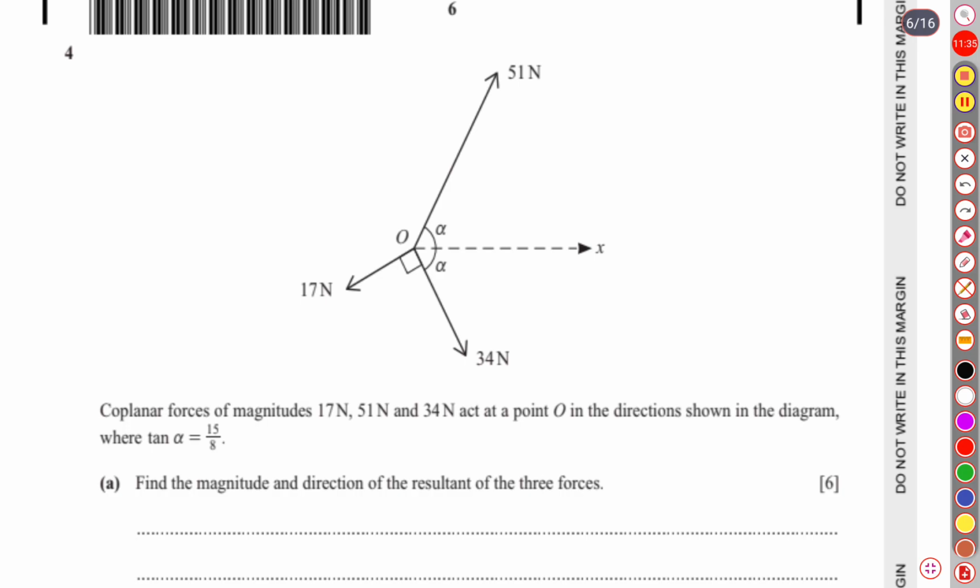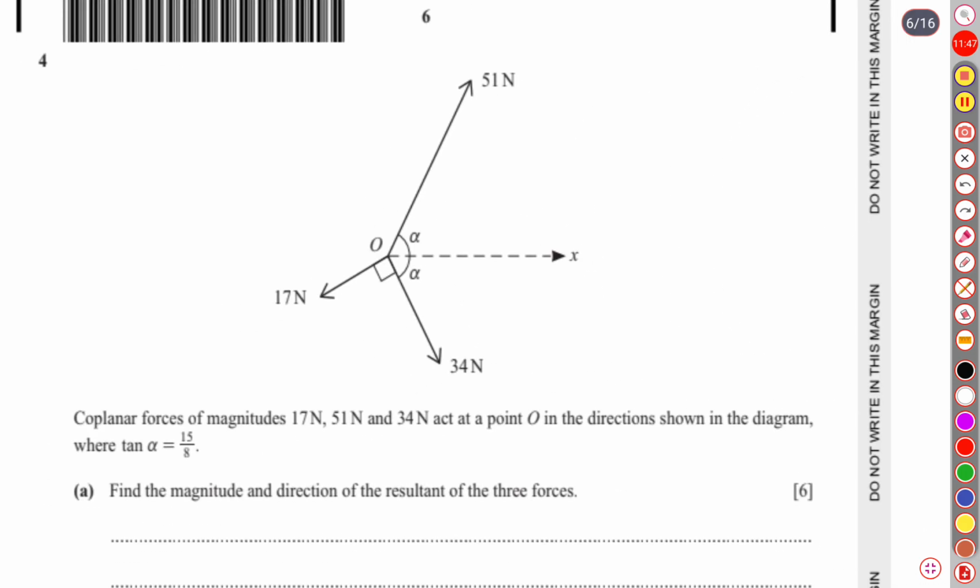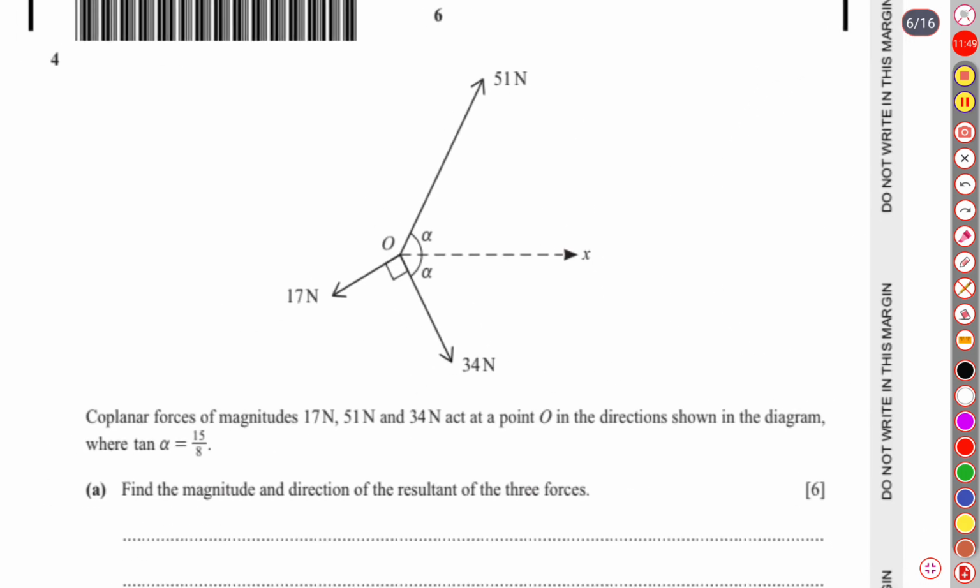So first of all, before moving on to the solution, let us complete the diagram. If we complete the diagram, it will look like this. This is the horizontal axis. Then this is one triangle, and that is another triangle.